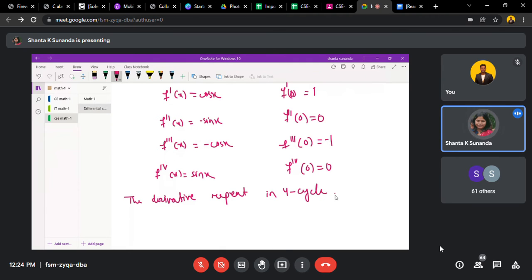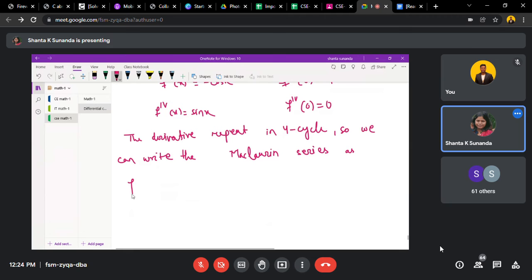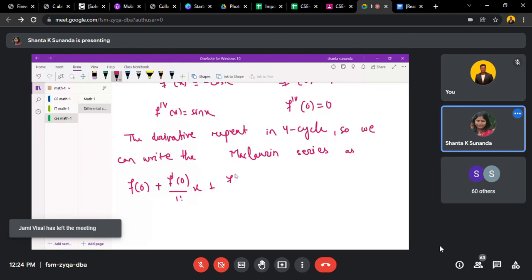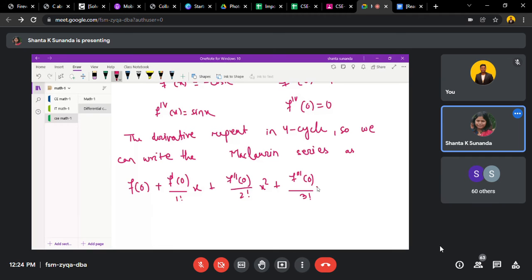So we can write the Maclaurin series: f of 0 plus f dash 0 times x, and so on.